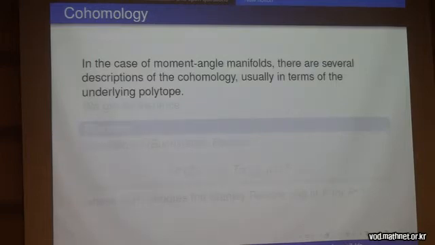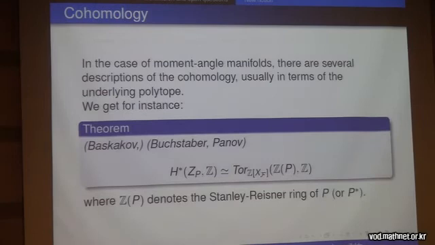For example, we have such a description by Buchstaber and Panov, that the cohomology is given by the Stanley-Reisner ring of the boundary of the dual of the polytope, or it can also be given by the polytope.